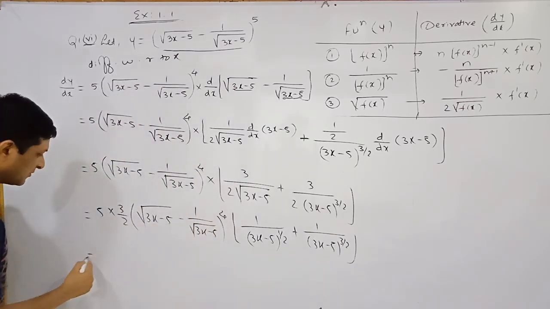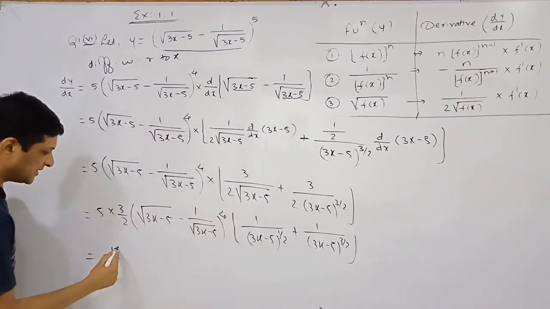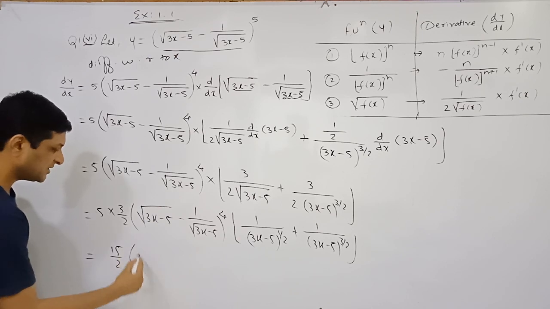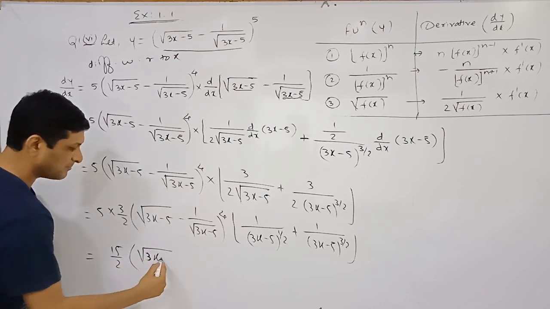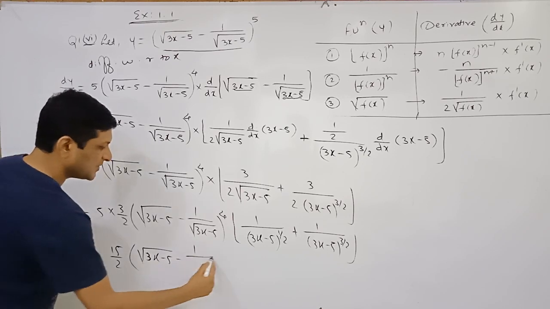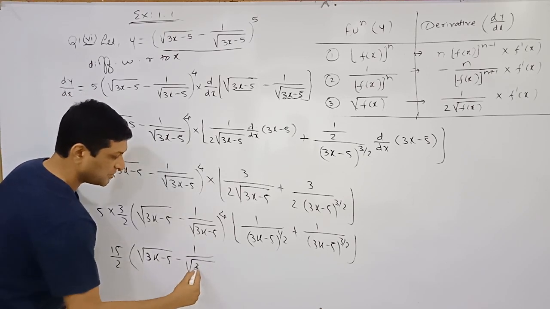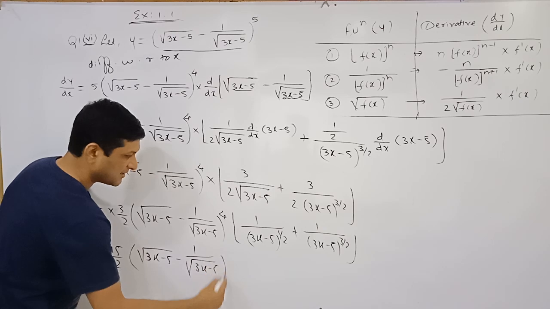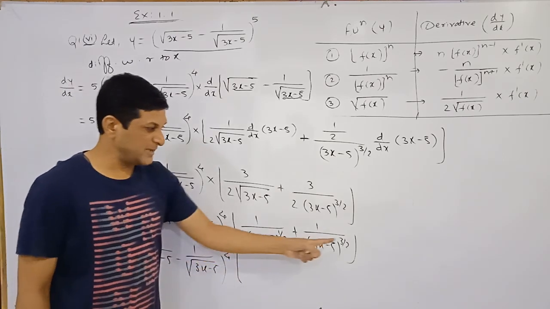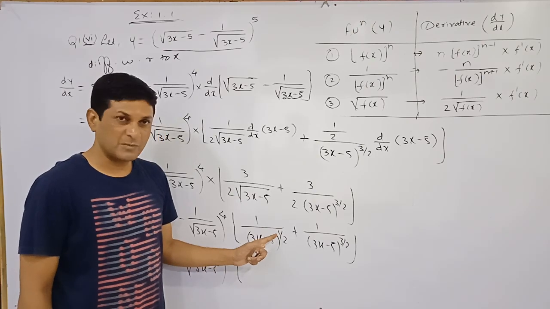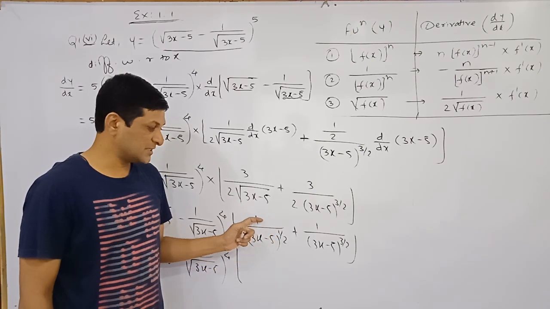So which is equal to, here 3 5s are 15. 15 upon 2. Keep this first term as it is, under root 3x minus 5, minus 1 upon under root 3x minus 5 raised to power 4. Okay. Now what we are doing here, to make the power the same, we are multiplying here by 3x minus 5.